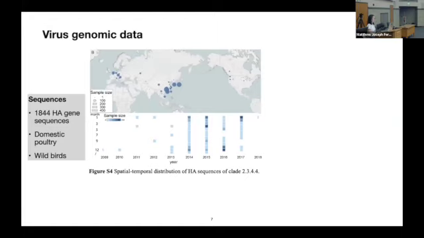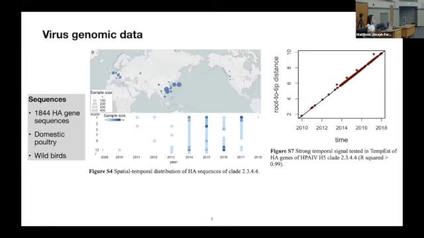So we used over 1,800 hemagglutinin gene sequences from poultry and wild birds. You can see there is a geographical sampling bias from this map, which I'll talk about later in the results. But the sequence data has a very strong evolutionary signal, which means we can use this sequence data to infer the phylogeny and test our hypothesis.